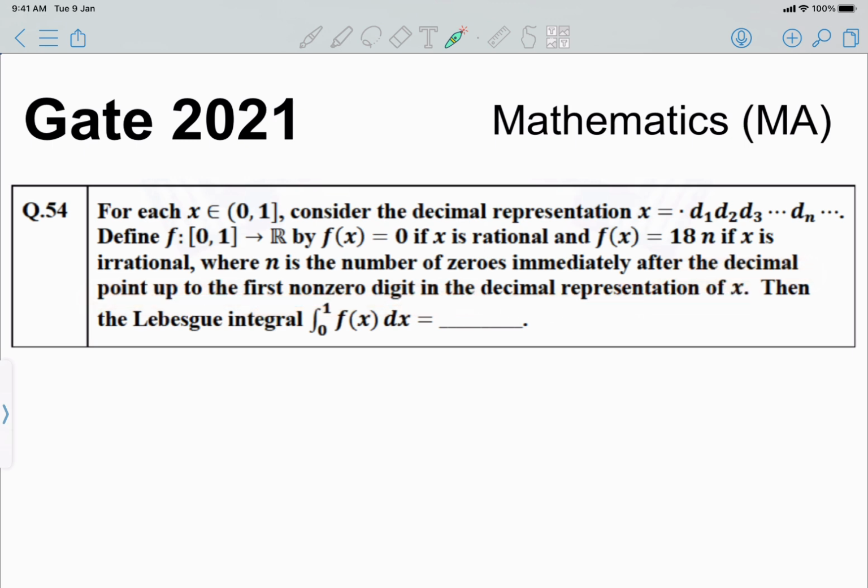Then you have to find the integral of f(x) from 0 to 1 dx.